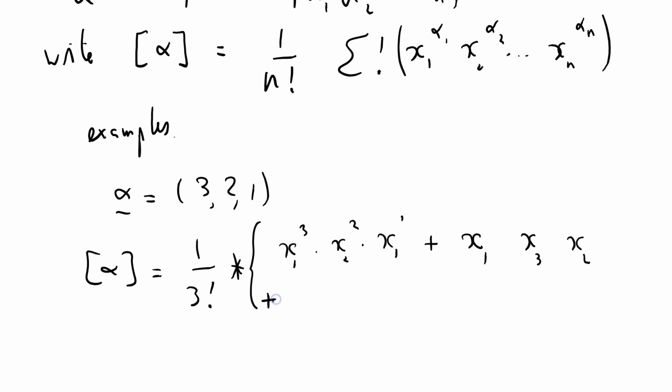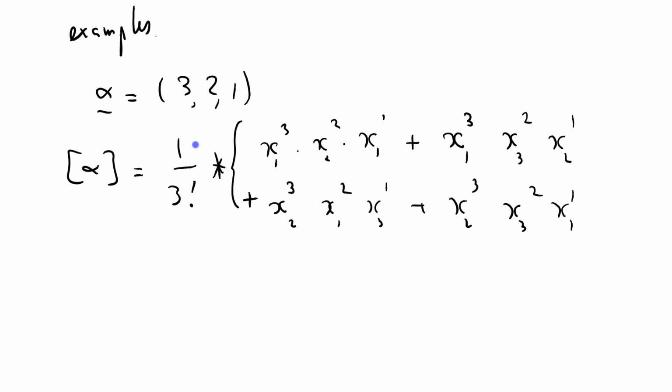There's going to be other terms here as well. It's going to be to the power 3, 2, 1. And then of course here I've got x2, x1, x3 plus x2, x3, x1, to the power 3, 2, 1, the same powers. I'm just slotting in the powers there.